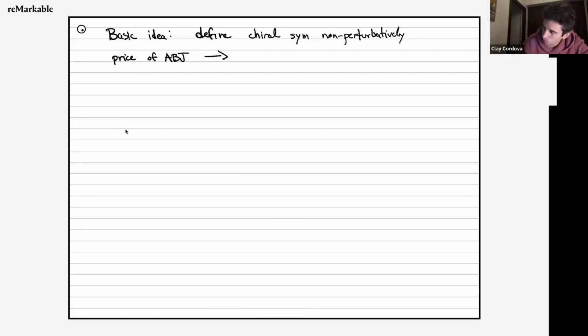And that price will be that this chiral symmetry becomes what is called non-invertible. And rather than explain to you what that means in the abstract way, I will show you in the context of the construction. So hang on to your hats if you're uncomfortable with this word non-invertible.